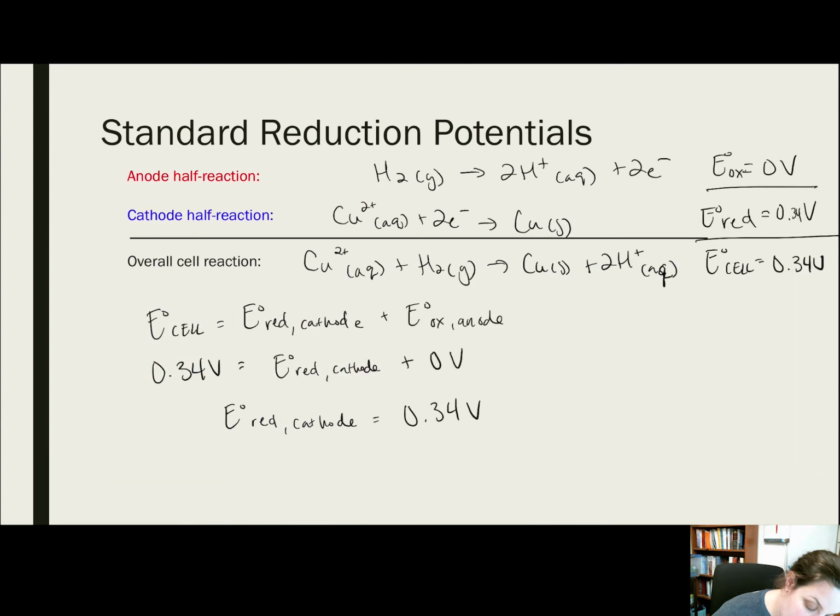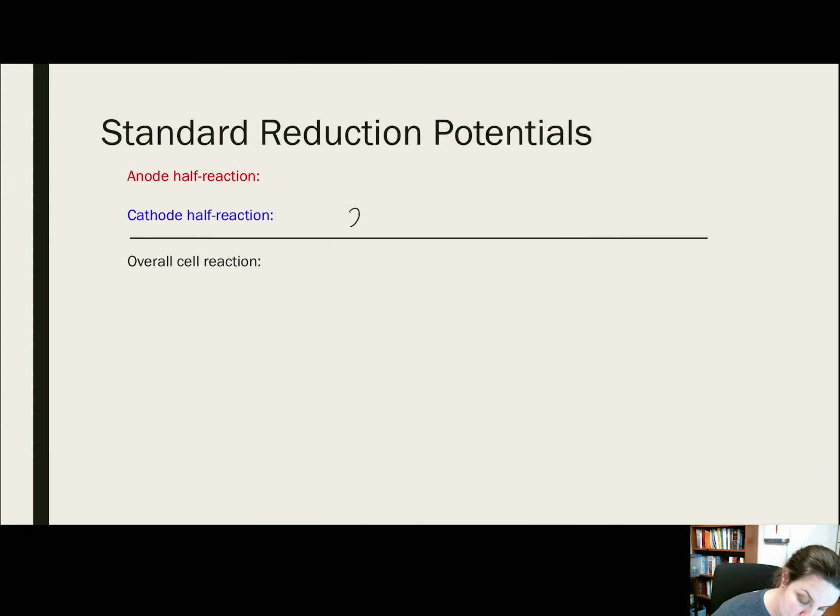So we have 2H+ aq plus 2 electrons going to H2 gas. And again, we know that that value is 0, but now it's the reduction value. And at our anode, we have our zinc solid going to zinc 2+ plus 2 electrons. And this is our oxidation.